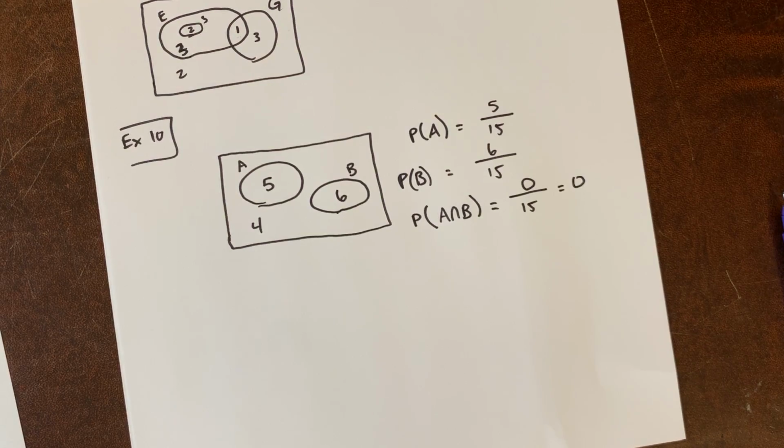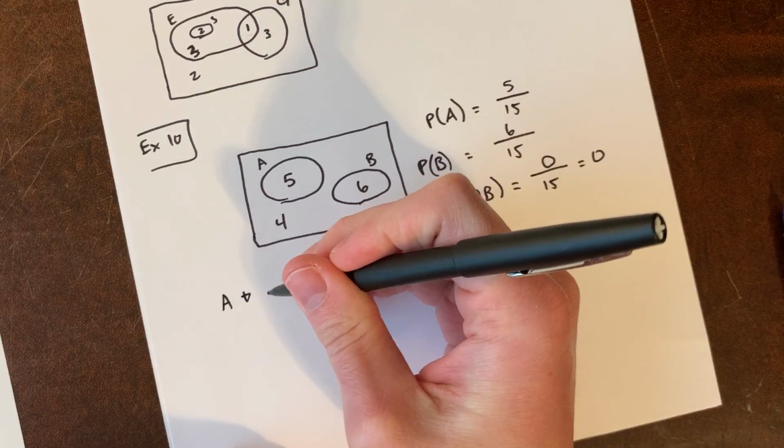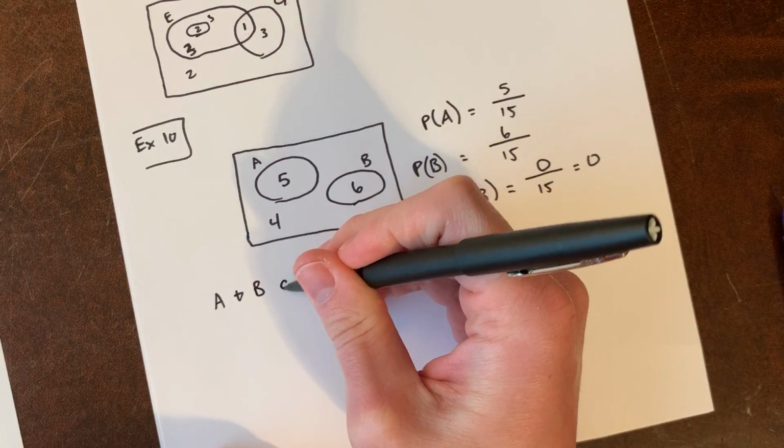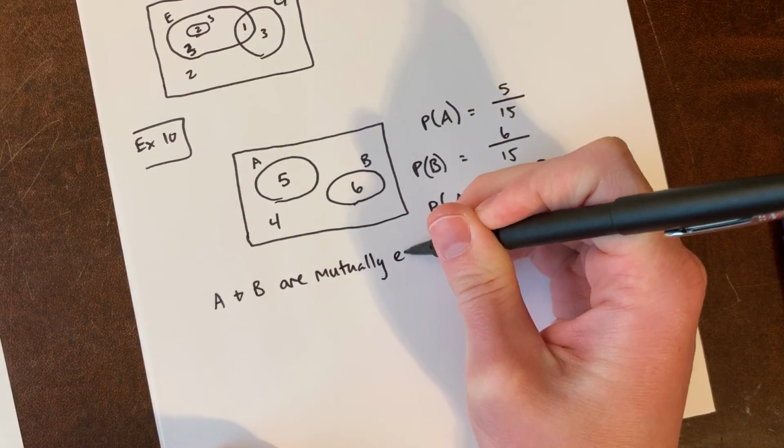Okay, and the term that we use here is mutually exclusive. So we would say A and B are mutually exclusive.